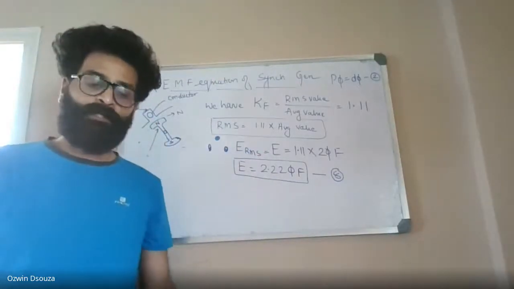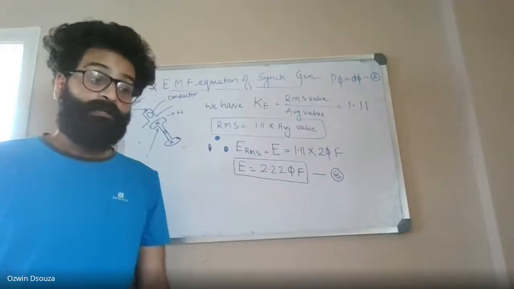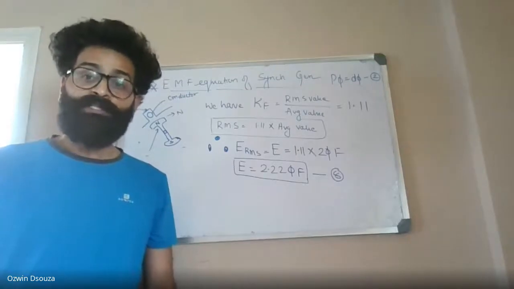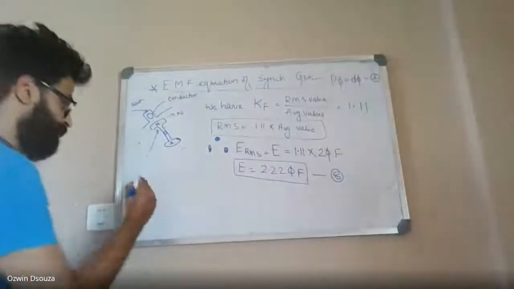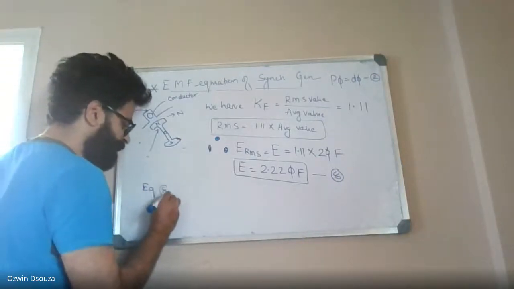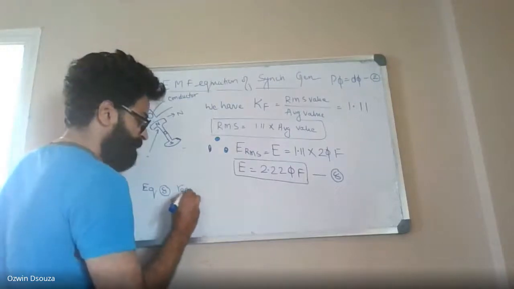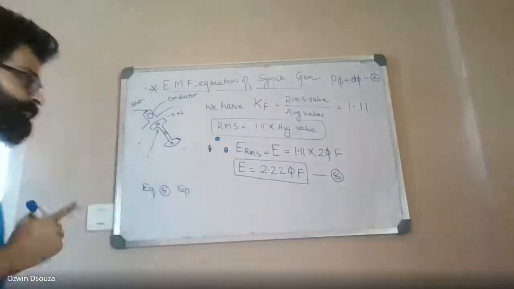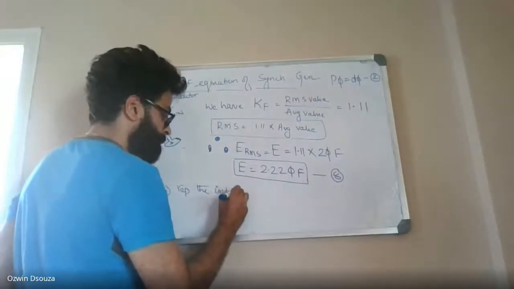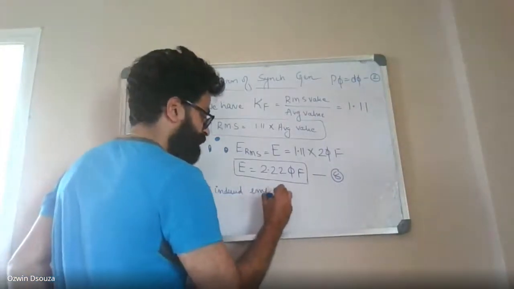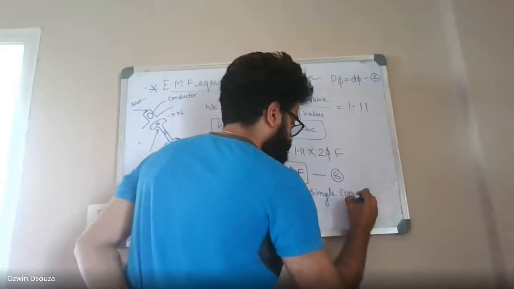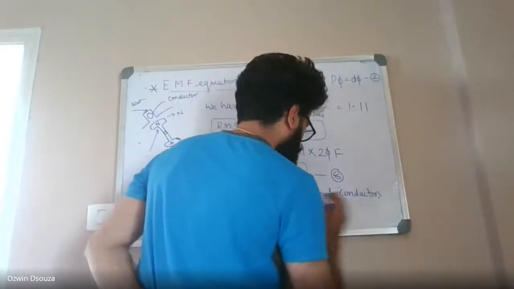In a big machine, the conductors may be as high as 2,000 or 3,000 conductors. So equation 8 represents the induced EMF in one single conductor.